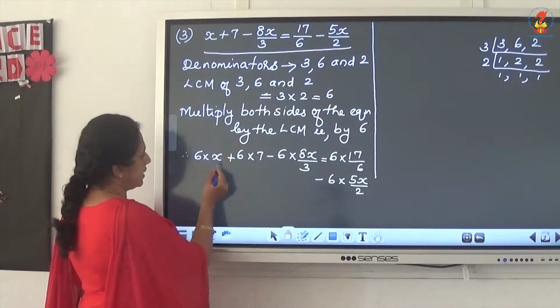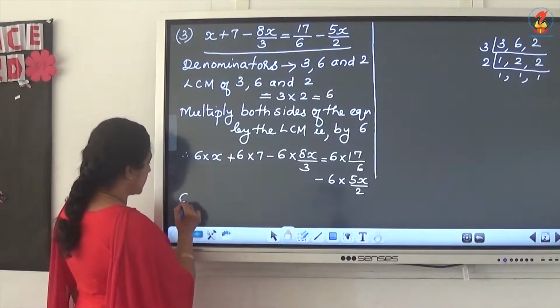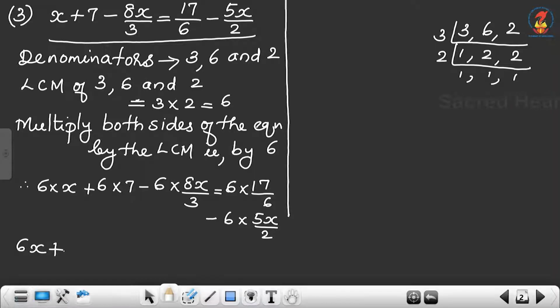Then 6 into x equals 6x. Then plus 6 into 7, that is 42. Minus: 3 and 6 we can cancel using 3, 1 time, here it is 2 times. So 2 into 8x equals 16x. Here we can cancel 6 and 6 using 6 itself, 1 time, 1 time. So 1 into 17 is 17.